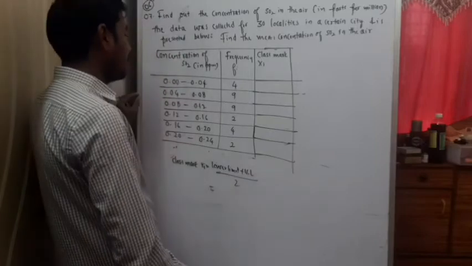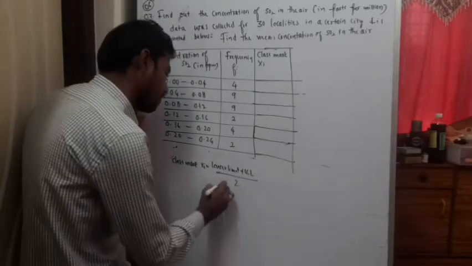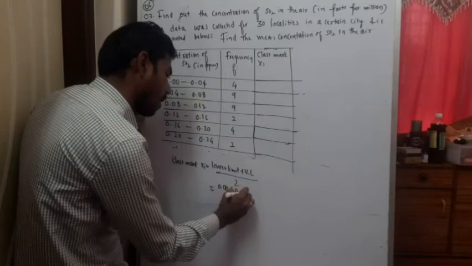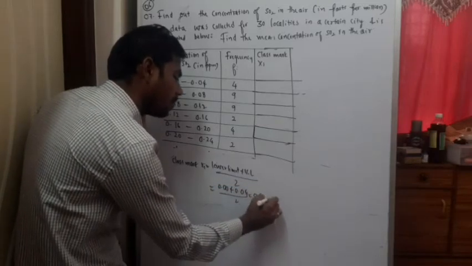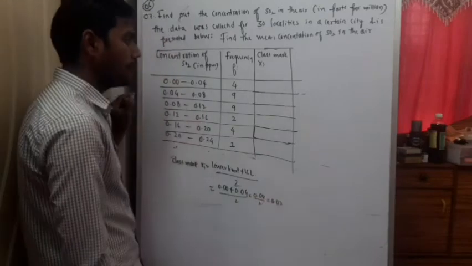What is the lower limit? 0.00 plus 0.04 divided by 2, which is equal to 0.04 divided by 2, which is equal to 0.02.